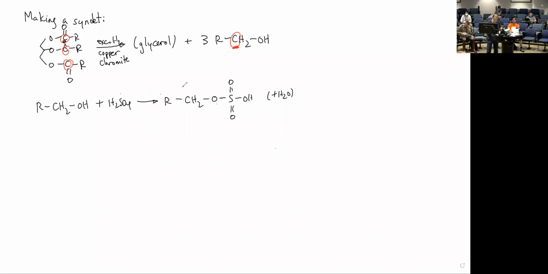And so then the third and final step is we take this alkyl sulfate, which is now a very strong acid. It's almost like sulfuric acid. And we're going to add some base, like sodium hydroxide.